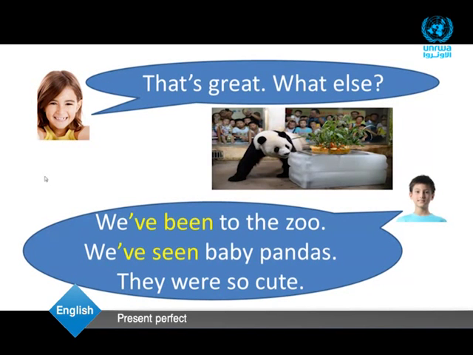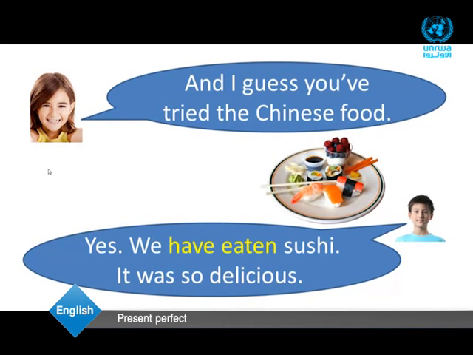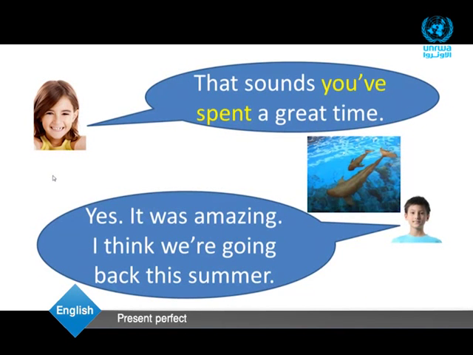They were so cute. What about your dad? What has he done there? You know, my dad is a sailor. He had sailed in the Yangtze River. And I guess you've tried the Chinese food. Yes, we have eaten sushi. It was so delicious. That sounds like you've spent a great time. Yes, it was amazing. I think we are going back this summer.